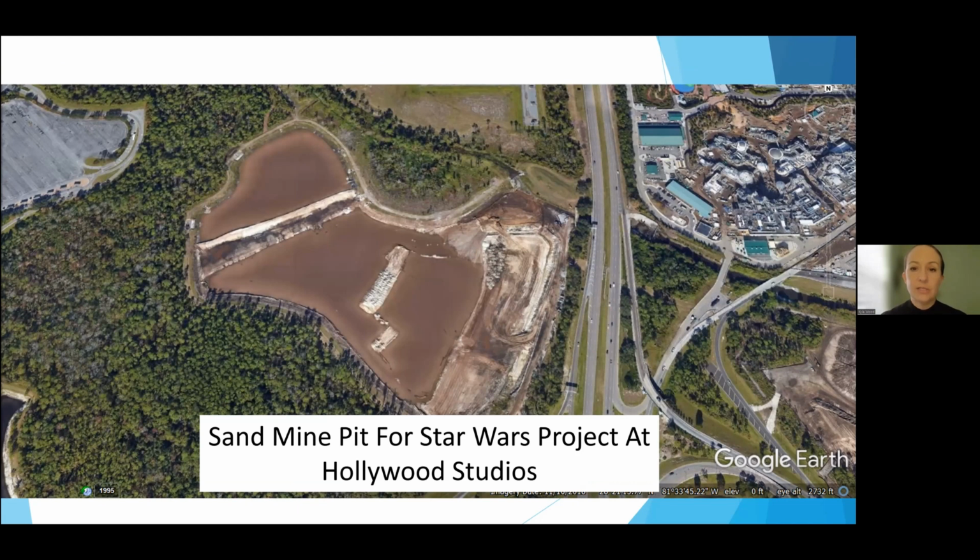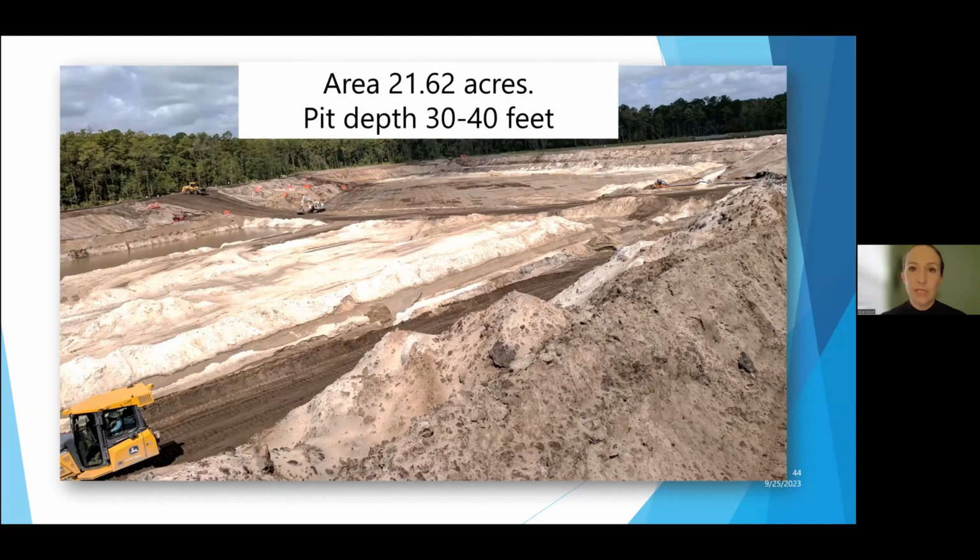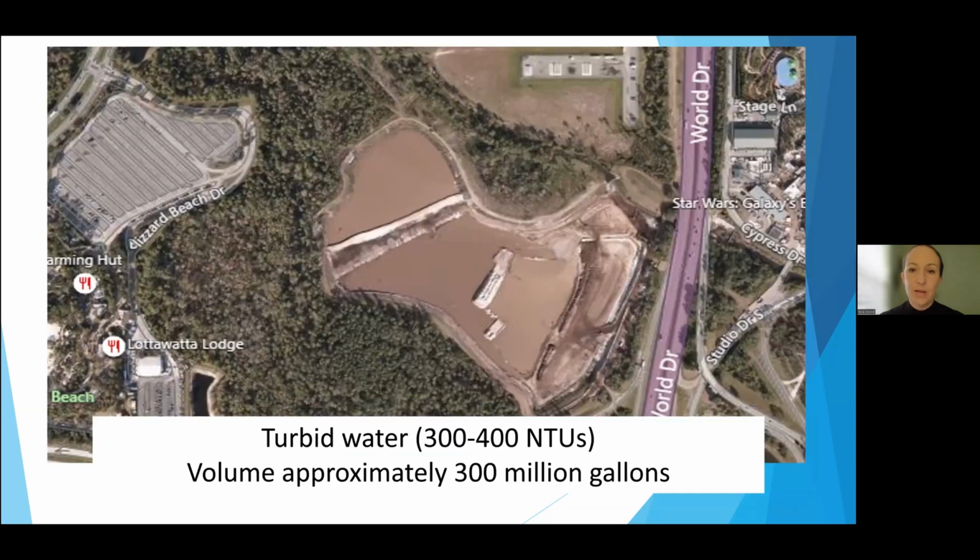So they decided to go in and do a PAM treatment to clean that up. This pit specifically was over 20 acres and about 30 to 40 feet deep. The turbidity in this pond averaged somewhere between 300 to 400 NTUs and it held nearly 300 million gallons.